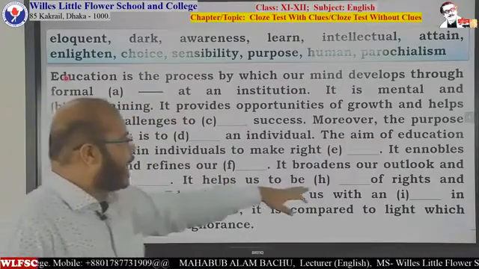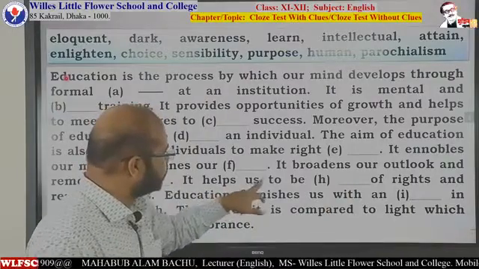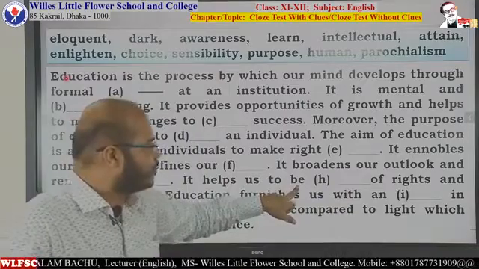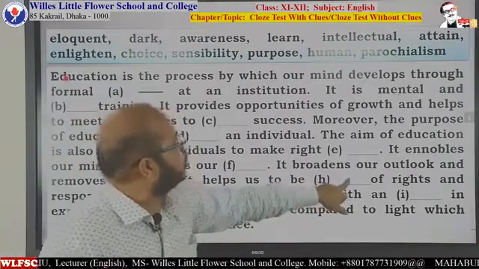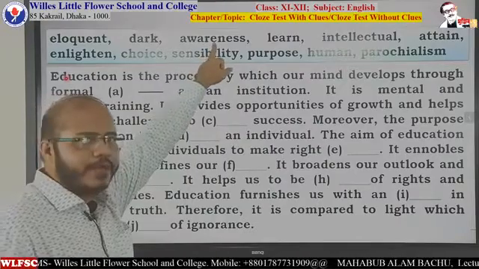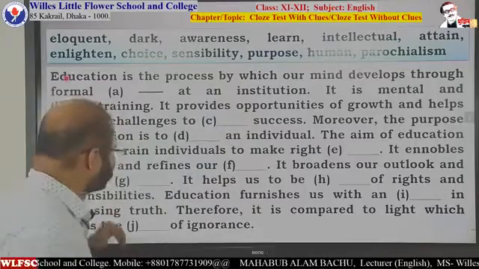So you have to put aware. It helps us to be aware. So be is the principal verb here. After principal verb, you have to put the word aware. Here aware also acts like a noun form, aware of rights and responsibilities.